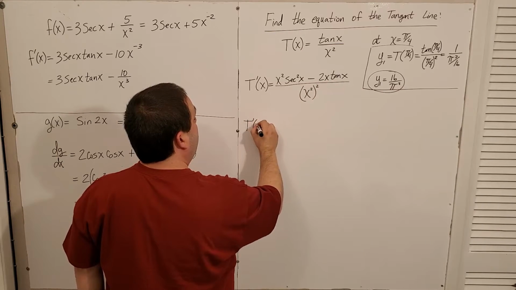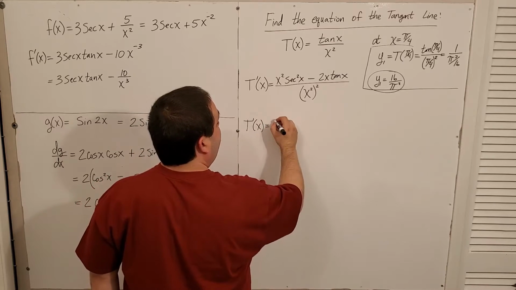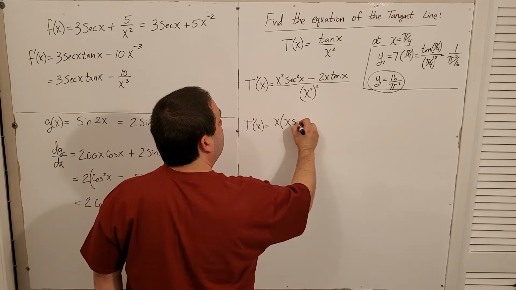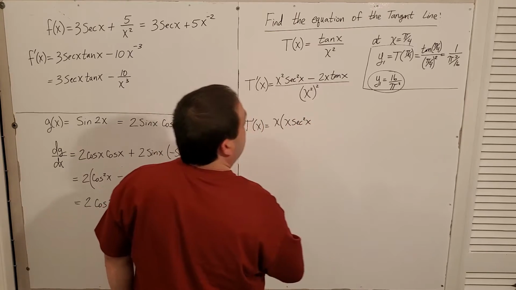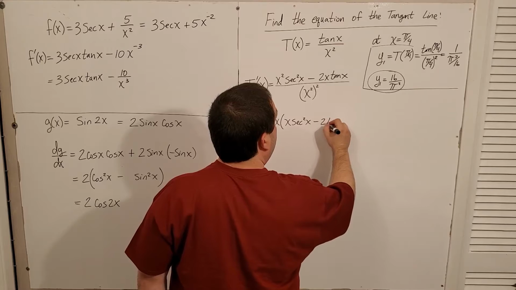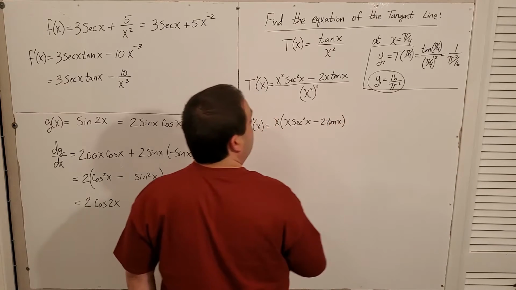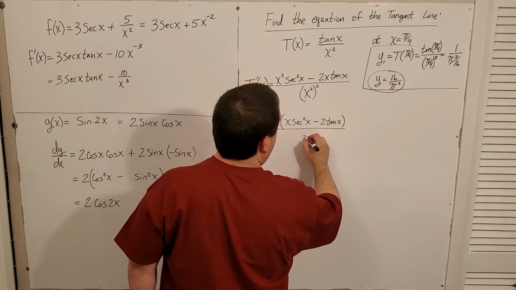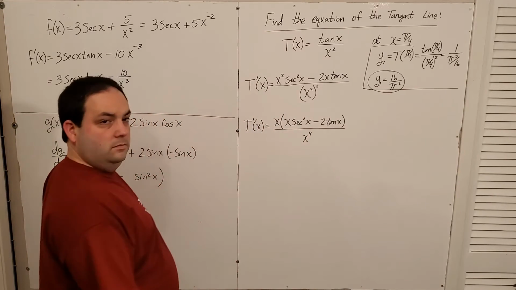So t prime of x, I can factor an x out, and that leaves me with x times secant squared x minus 2 tangent x like this, divided by x to the fourth, right?